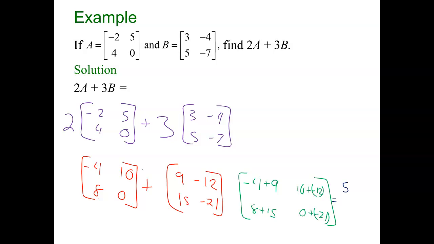Yep. 10 plus negative 12. I had to slow down so I didn't accidentally say the answer. 8 plus 15. And then 0 plus negative 21. Ooh, I fit it. Look at that. Okay? So, we still follow the order of operations with scalars. Multiply before you add. Multiply before you add or subtract, whatever it is.